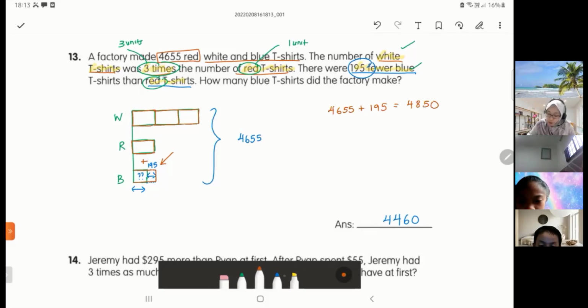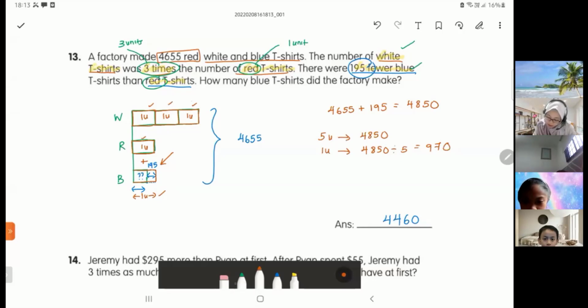Now, how many equal units do I have? 1 unit, 1 unit, 1 unit, 1 unit, and this is also 1 unit. Total 1, 2, 3, 4, 5. 5 units is 4,850. 1 unit is 4,850 divided by 5, which equals 970.